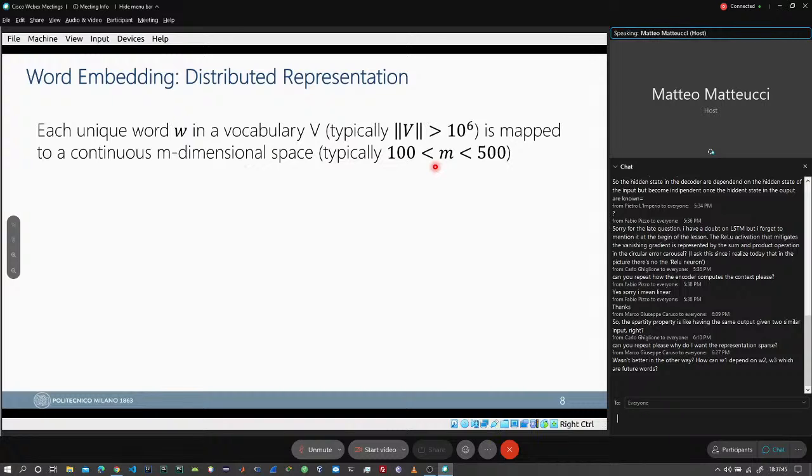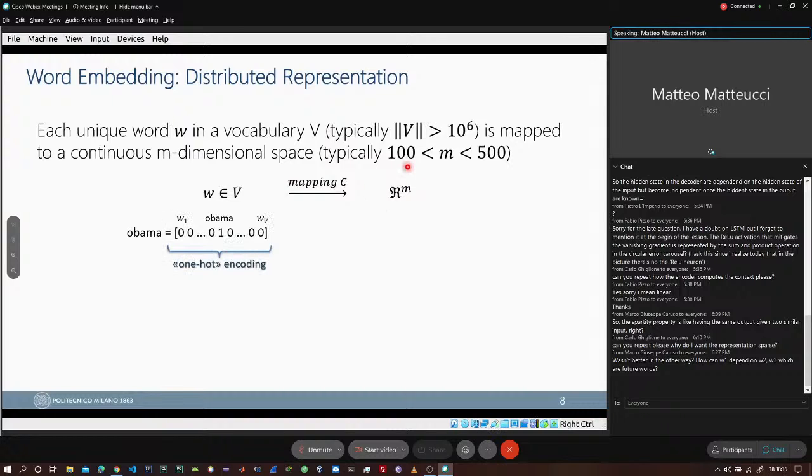So that's the idea of distributed representation, because in a number you can represent many words, because we have a sort of continuous space where you're going to embed the other variables. So you have the word, you have a mapping in a lower dimensionality space. The word usually is represented as a one-hot encoding.